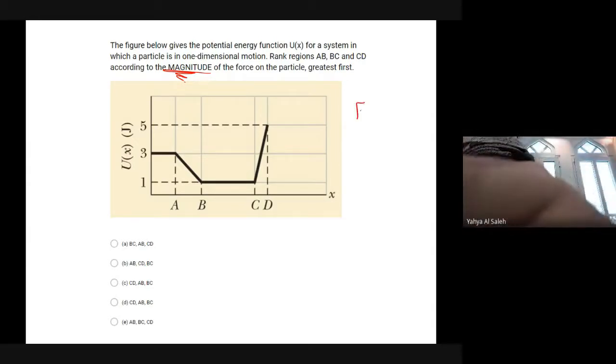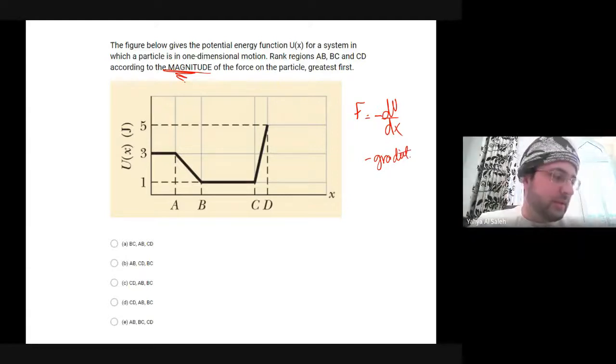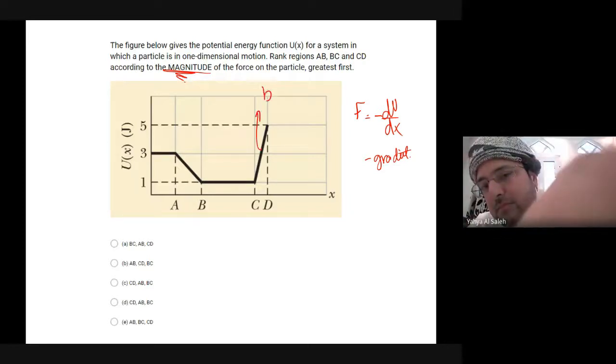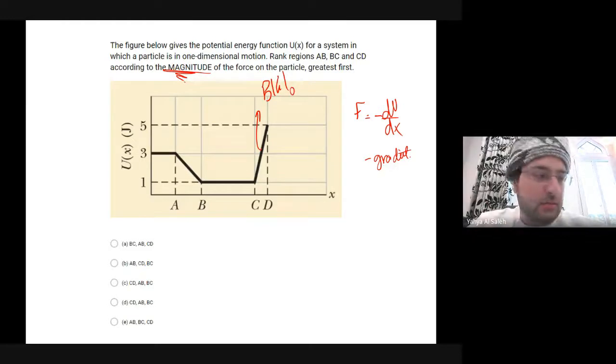Okay. We define force as minus dU by dx, which means minus the gradient. Which one has the biggest gradient? CD has the biggest. Which one has the second biggest?